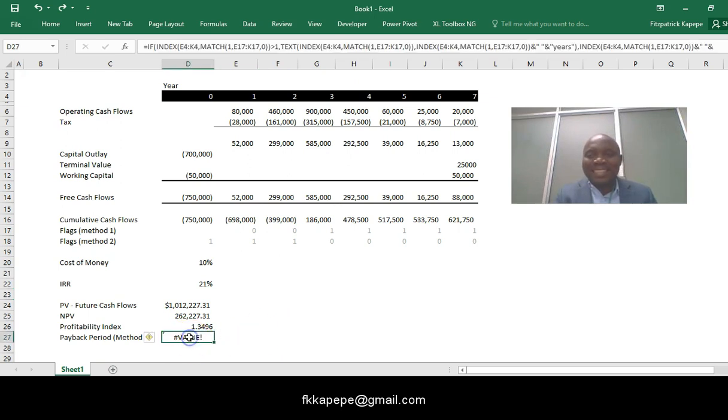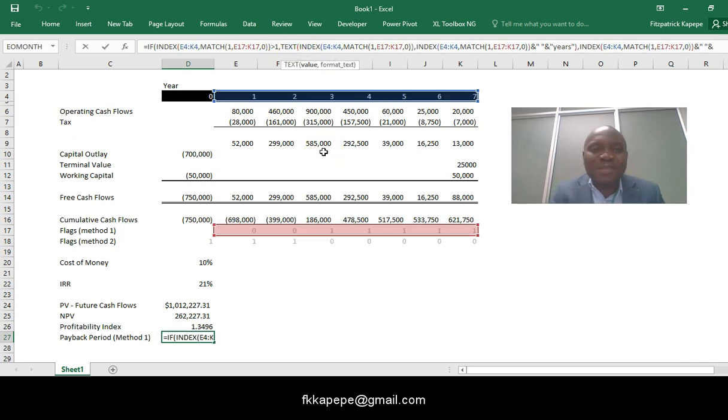So what do we do, guys? Let's edit this formula. It looks very weird. Okay, so there's a problem here on text. I shouldn't have brought in this function.